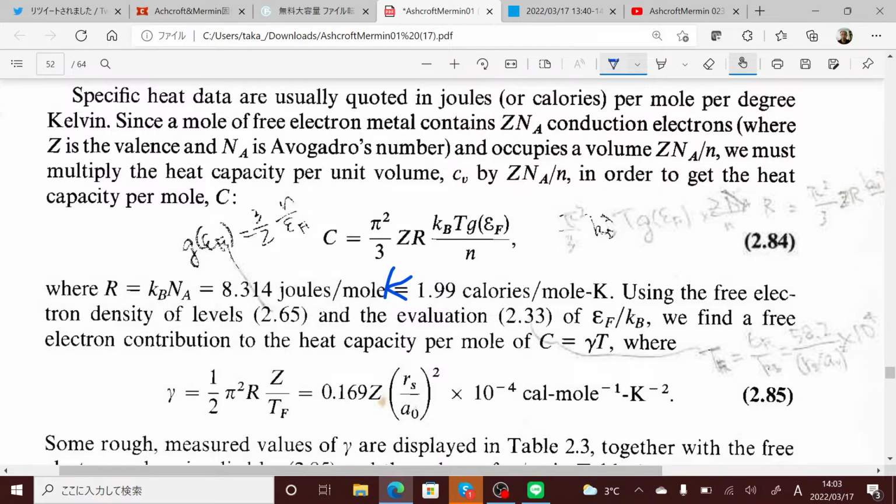Yeah, joule per mole Kelvin. 1.99 calories per mole Kelvin.